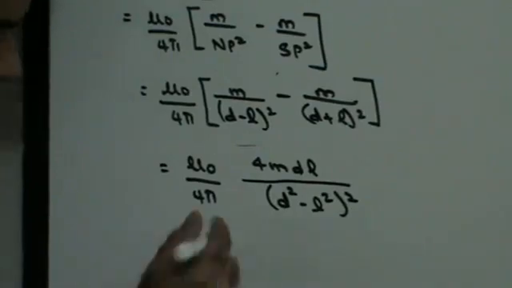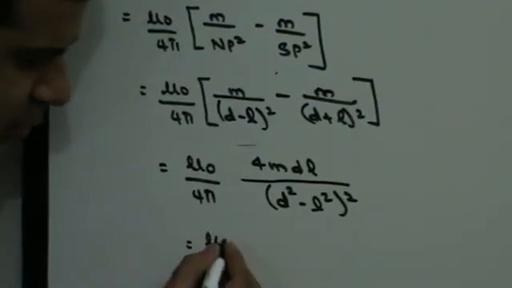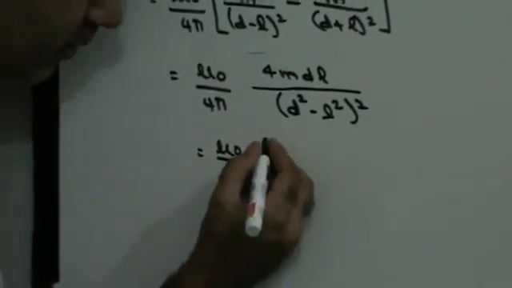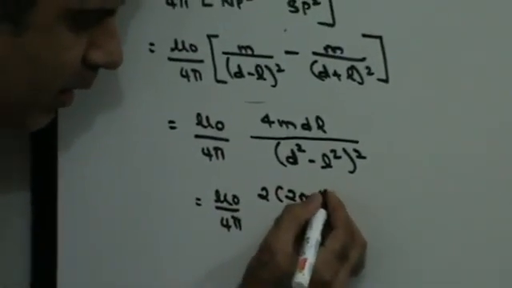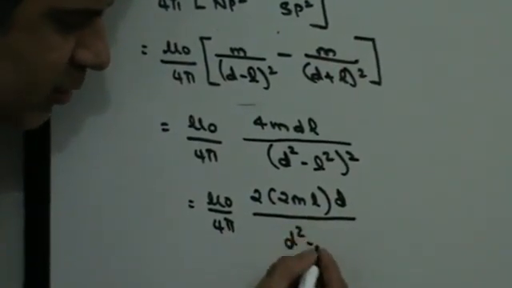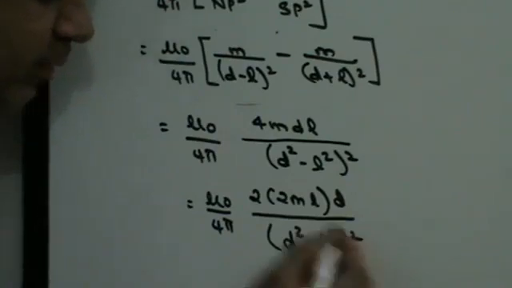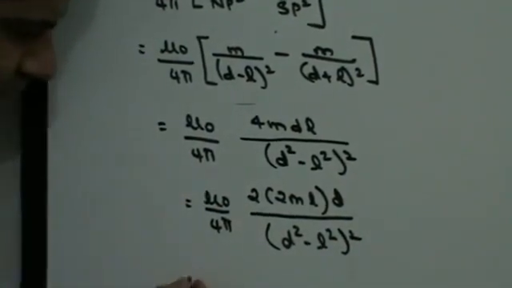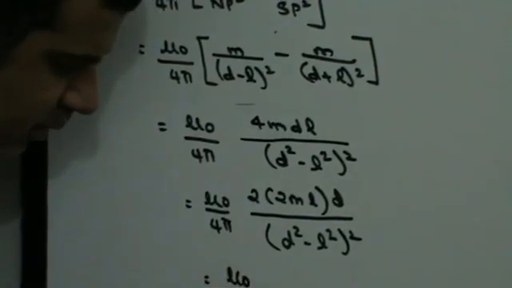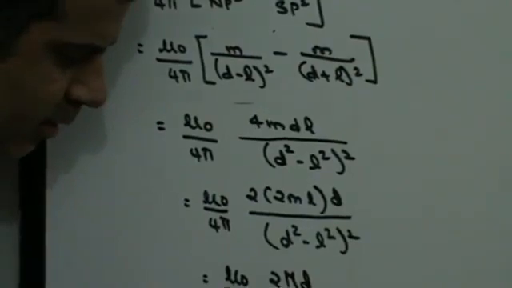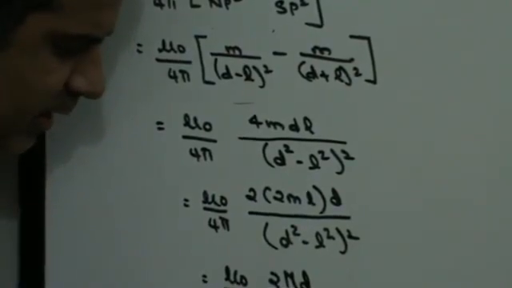Now this can be written as mu 0 upon 4 pi, 4mdl written as 2 into 2ml into d, upon d square minus l square the whole square. But 2ml is nothing but the magnetic dipole moment M, so this will be mu 0 upon 4 pi, 2Md upon d square minus l square the whole square.